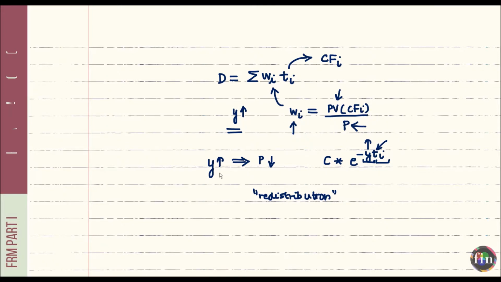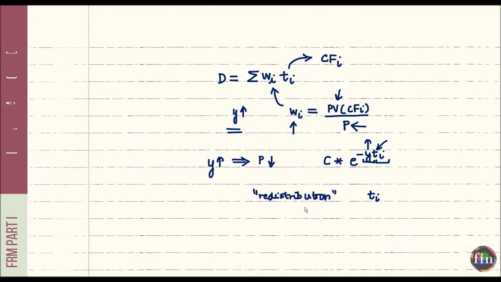But when you change the y, what happens is a redistribution of these weights, in which the weights for longer dated cash flows, that means ones for which ti is higher, tend to go down, and the weights for shorter dated cash flows tend to go up. Okay, relatively speaking. So that's what I call redistribution of weights.